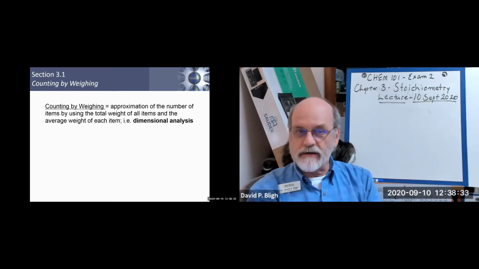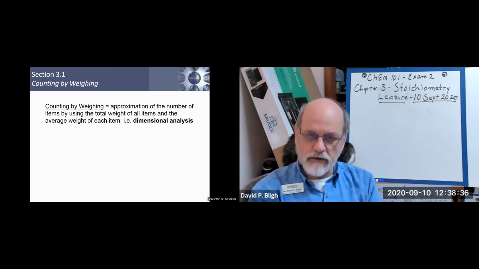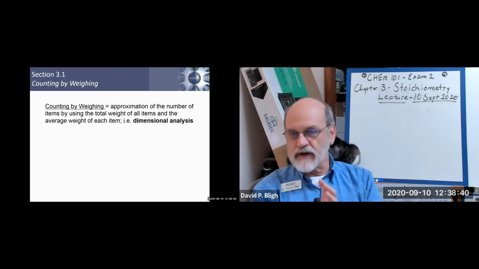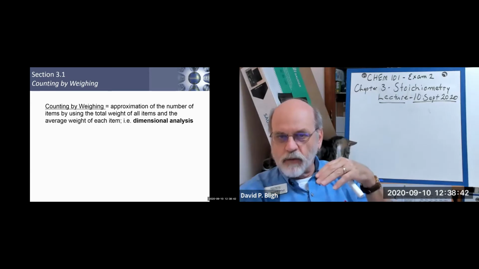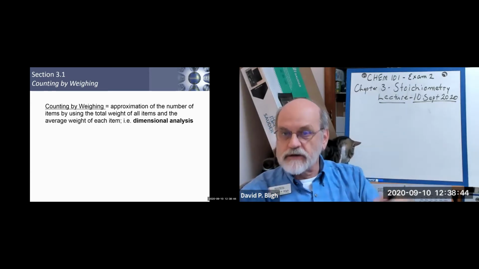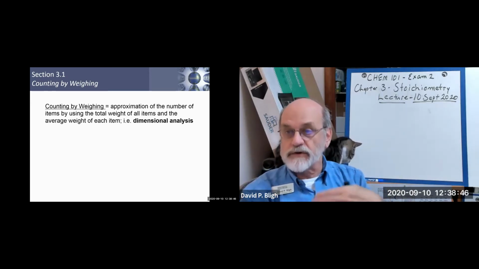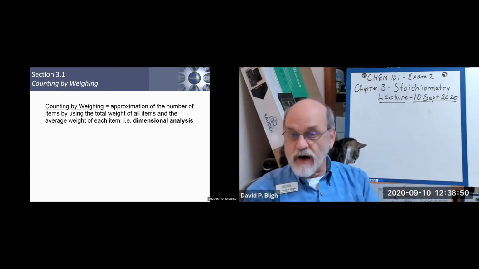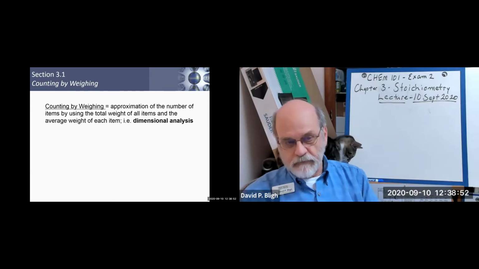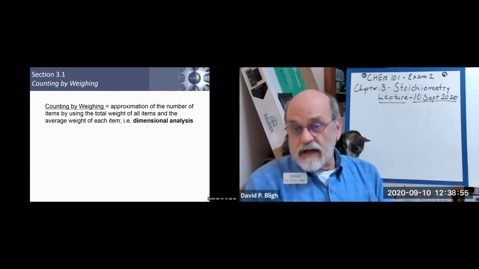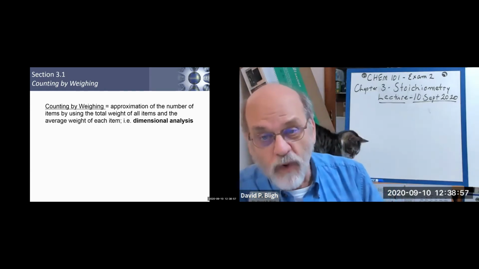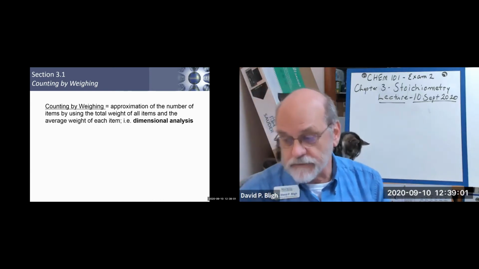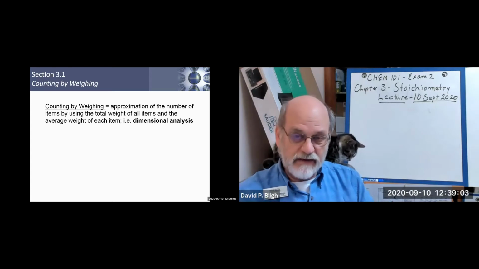And we do that by a process called counting by weighing. In other words, we find the masses of things and we can interpret the mass in terms of numbers of things, whether it's atoms, molecules, or ions. And that's called counting by weighing. And the way we do that is to use dimensional analysis. And you'll see pretty quickly what that means.